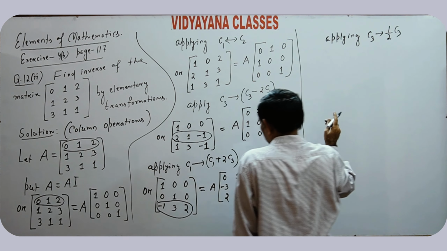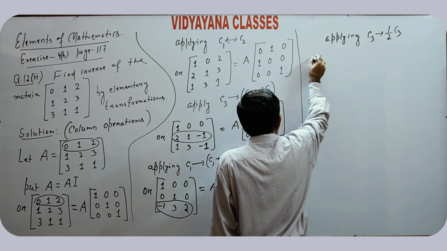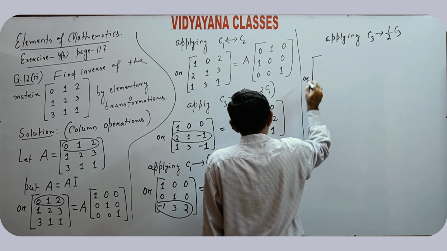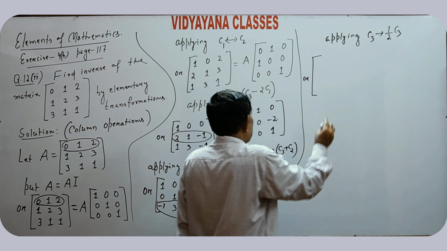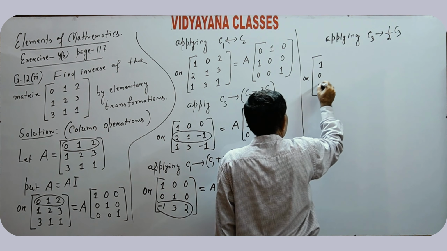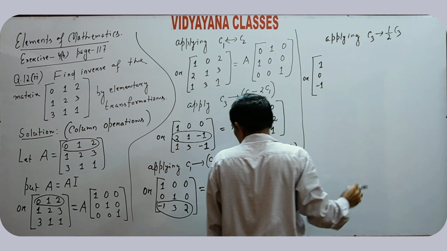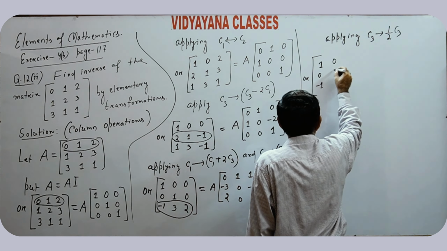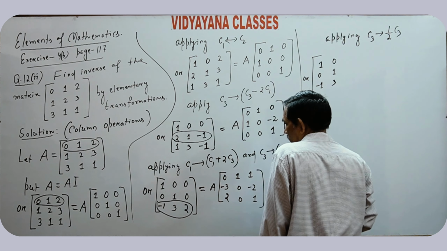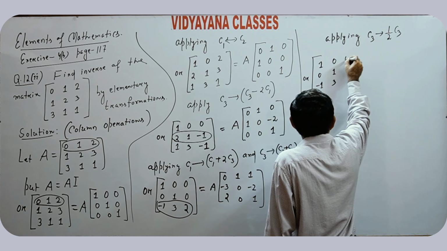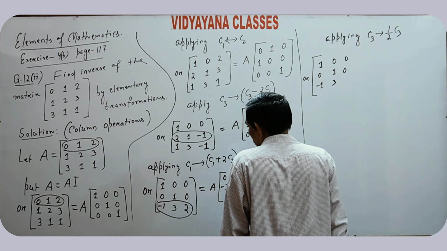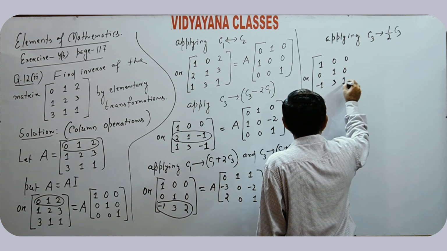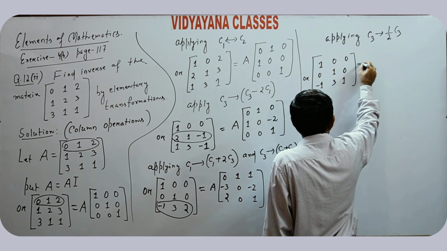It gives: no change of column 1, 1, 0, minus 1, no change of column 2, 0, 1, 3. Column 3 is replaced by 1 by 2 column 3, that is equal to 0, 0, 1.